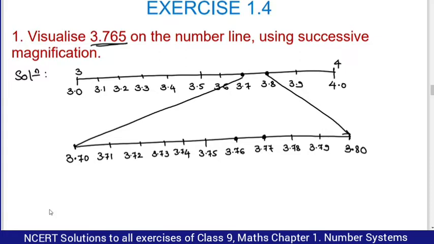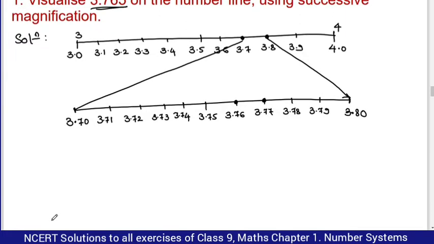Now 3.765 lies in between 3.76 and 3.77.